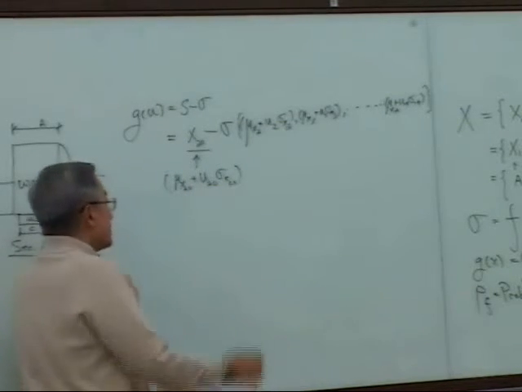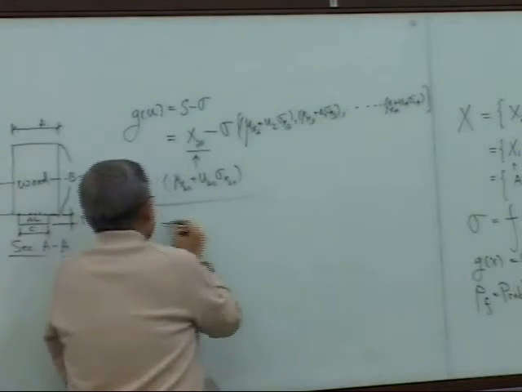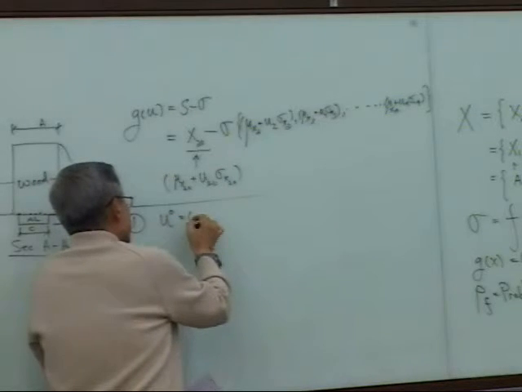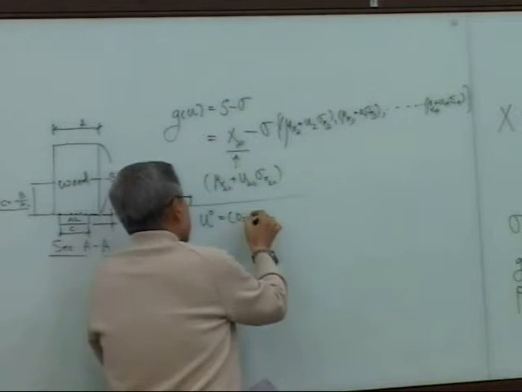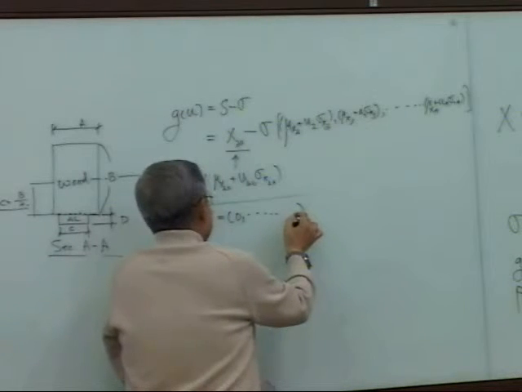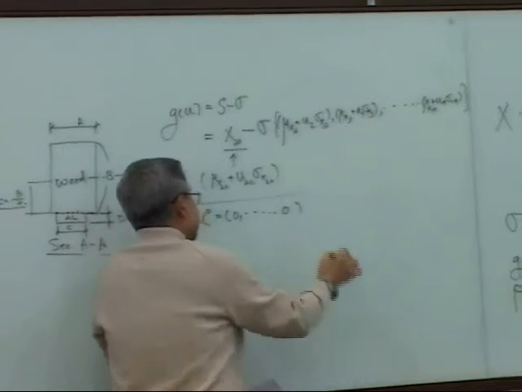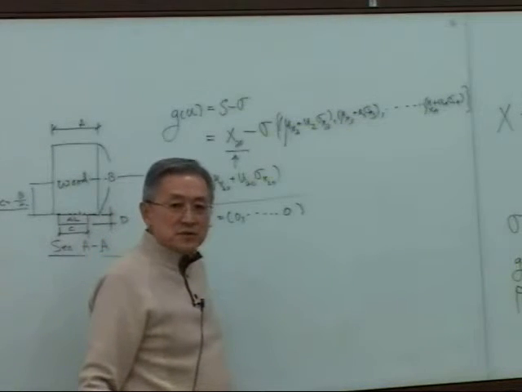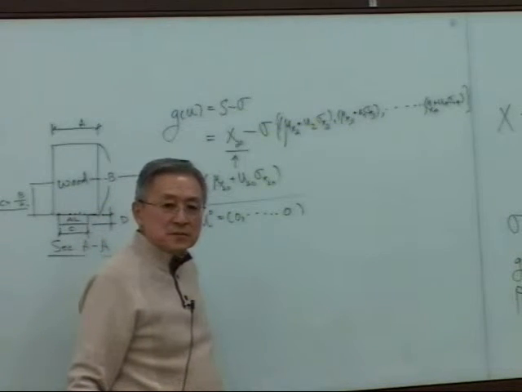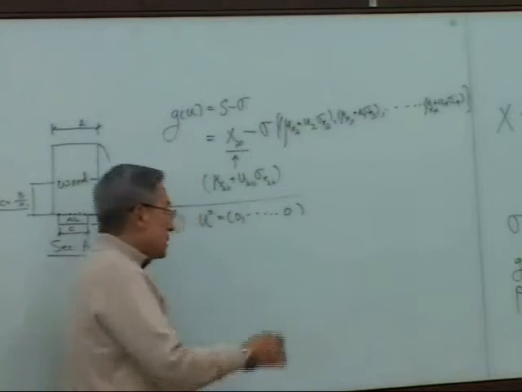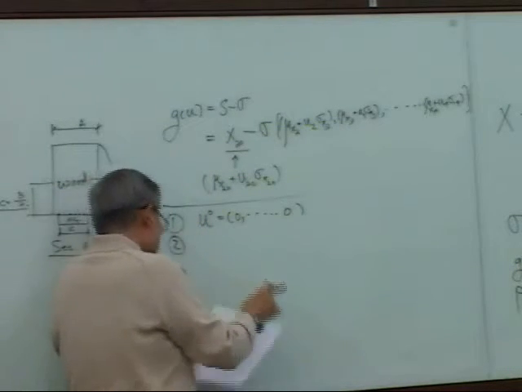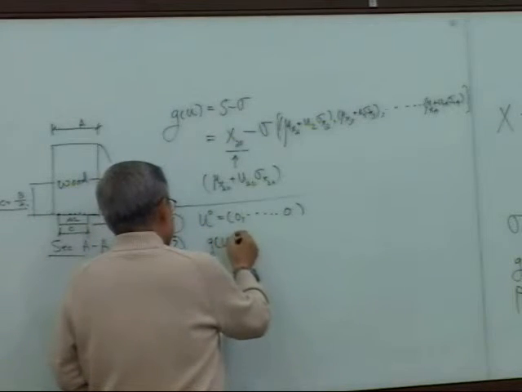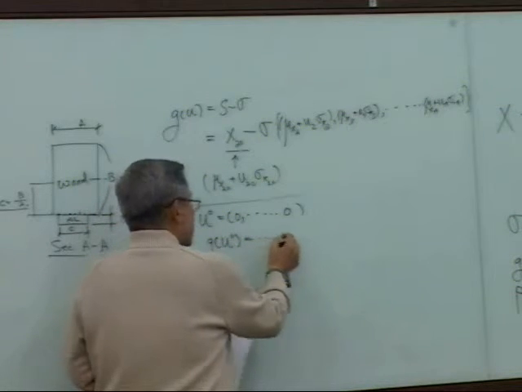But then, of course, at the beginning, what do you do? You set the u naught vector to all 0. At the beginning, everything starts from the origin. That's no problem. But from here you have to compute G(U naught). Do you have a problem?